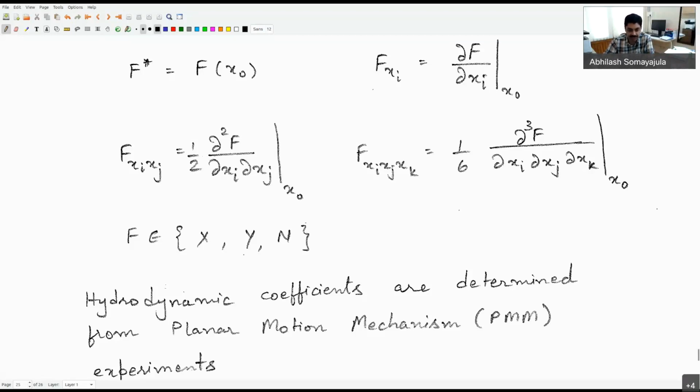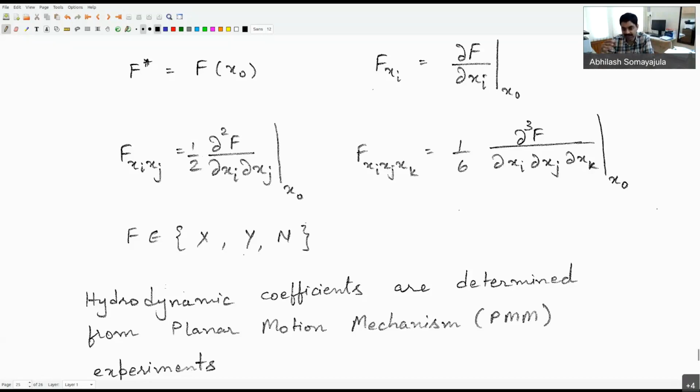There may be some empirical formulations for those coefficients as well possible, in your first principles approach. So if I don't actually have the experimental data for this particular vessel, I may look if somebody has done a similar experiment for a similar ship type. I can take those values and put them in, and I can still get realistic numbers.